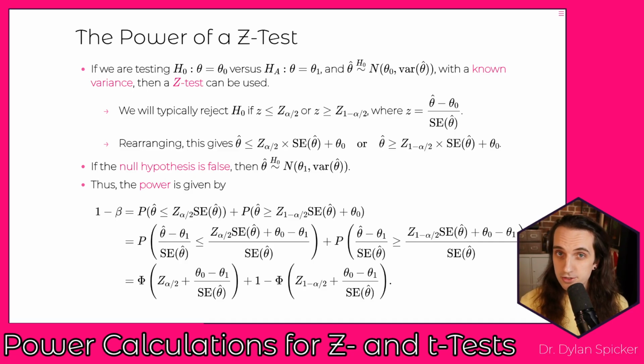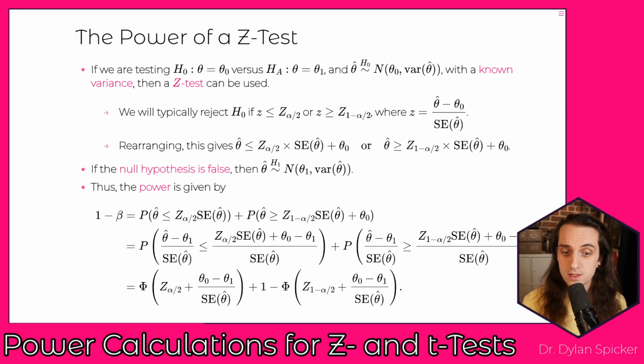Now, once you have the distribution there, we can actually work through the probability calculation. So there's sort of a lot going on here, but we can take this step by step. So to begin, we're thinking about 1 minus beta is equal to our power, right? And in order to think about our power, we know that we need the probability that this event happens or this event happens, right?